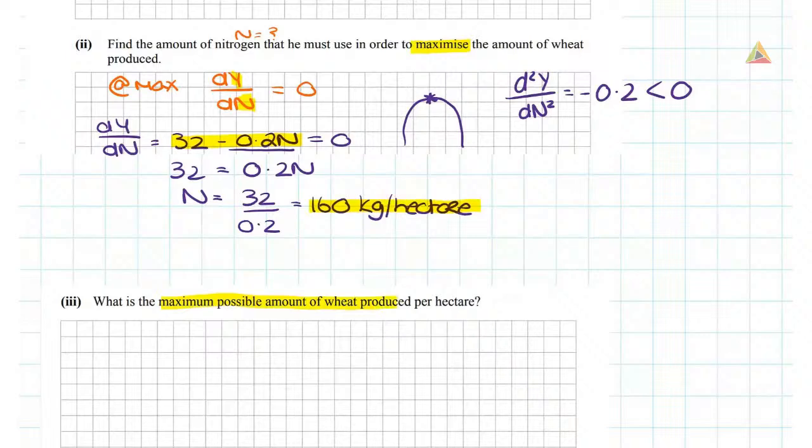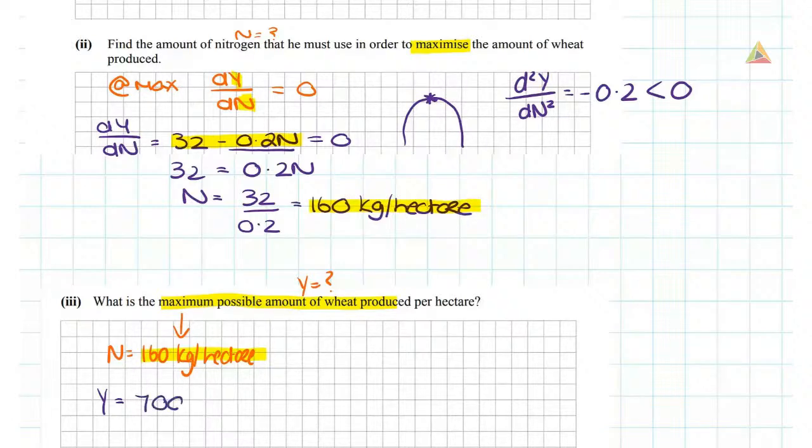Okay? And finally, part 3, what's the maximum possible amount of wheat? This time we are looking for y as our question mark, and we know that the maximum amount of wheat occurs when we use 160 kgs per hectare of our fertilizer. That was our answer from part 2. So all we do is take our y function and sub in 160 everywhere we see an n.